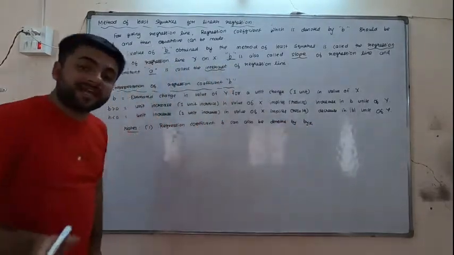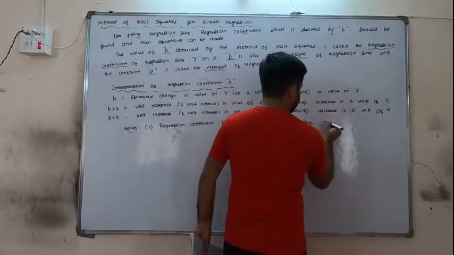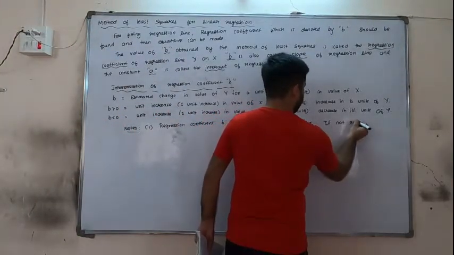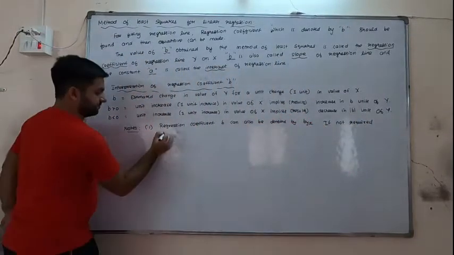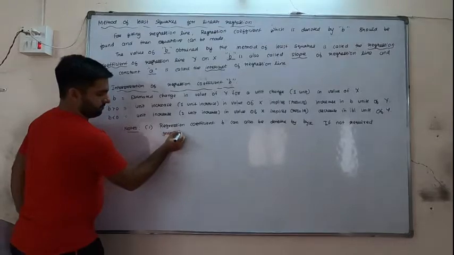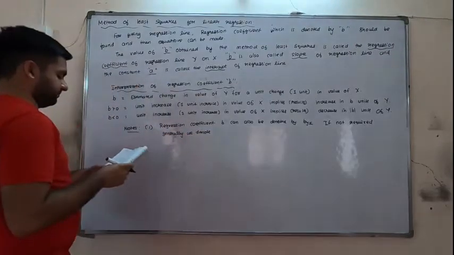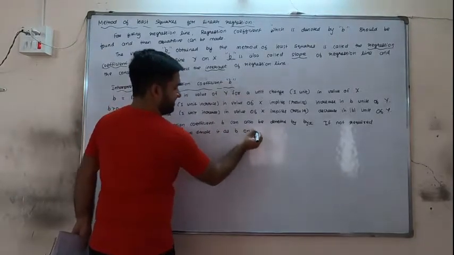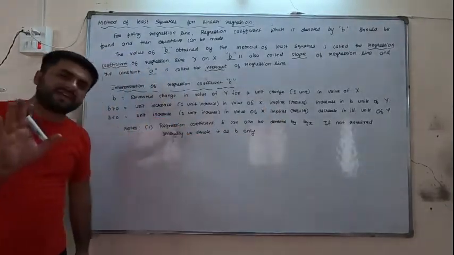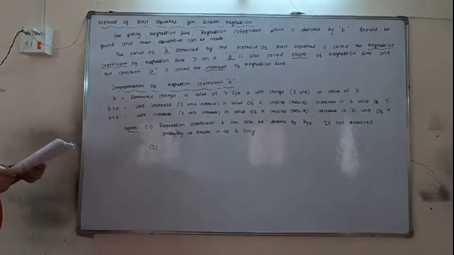Byx means line y on x. If yx is not required, we generally denote it as b only. Sometimes byx is given, but if yx is not required, we will denote it by b only.